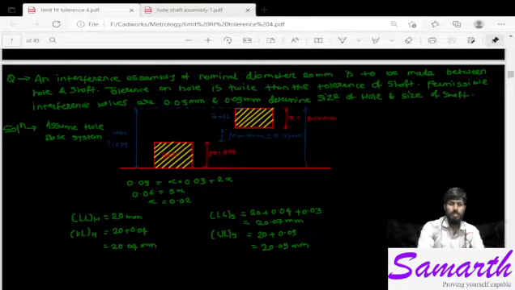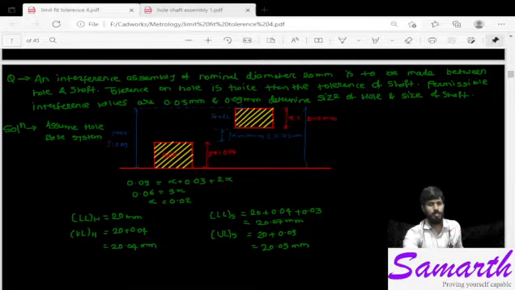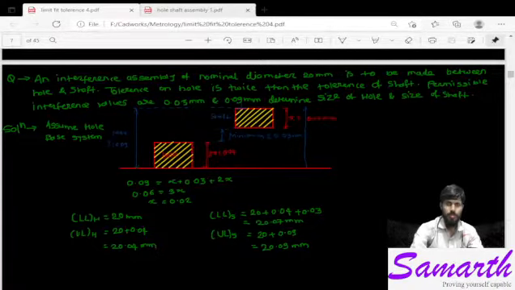Similarly for shaft, the lower limit of shaft is the baseline, that is the nominal diameter, plus the tolerance on the hole plus the minimum interference value. This complete value will give the lower limit. That means this distance plus this distance gives the lower limit.